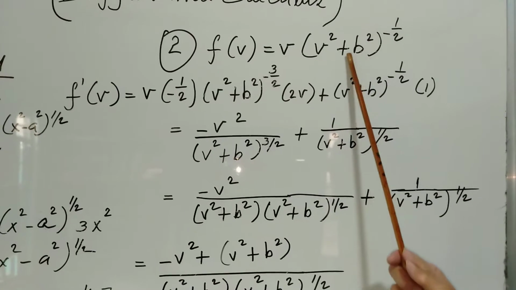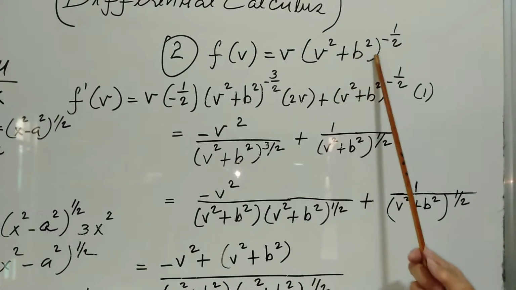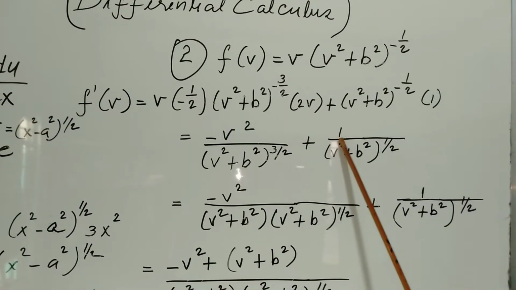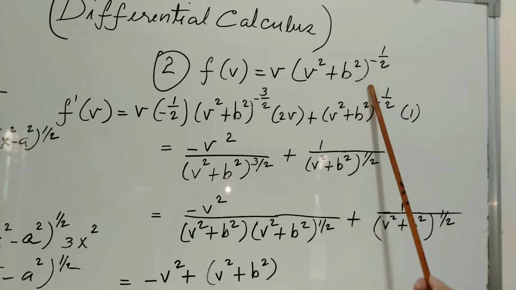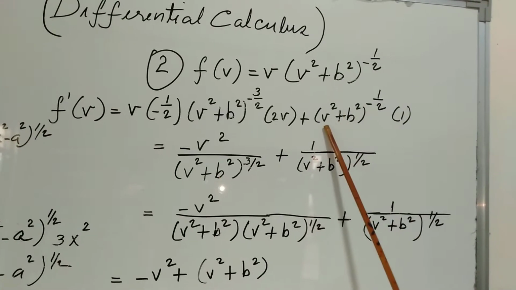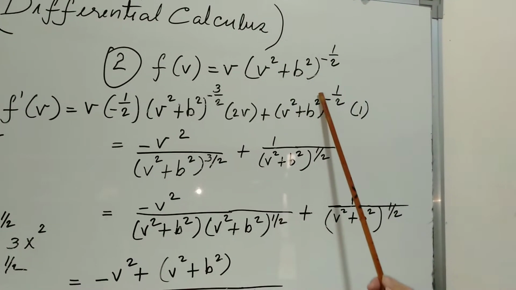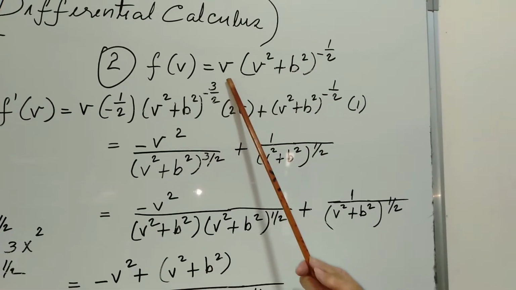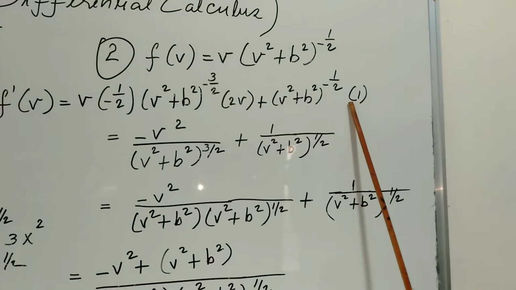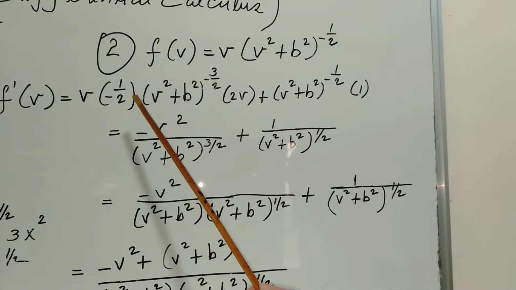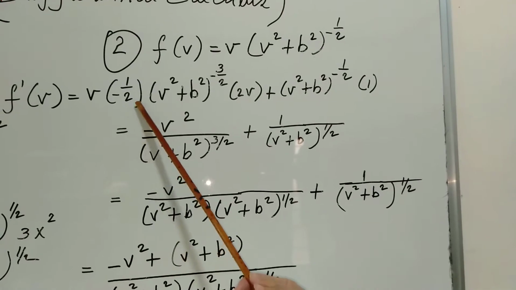So our b is a constant, it becomes 0, no? So this one cancels out. Plus this parenthesis here, the second term, b squared plus b squared raised to negative 1 half, just copy, no? And then get the derivative of the first term, which is 1. So continue, cancel out 2 and 2.